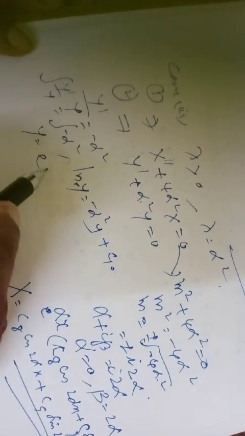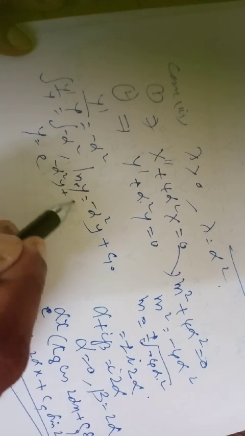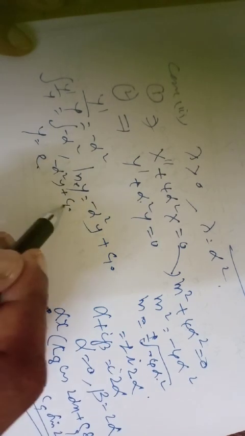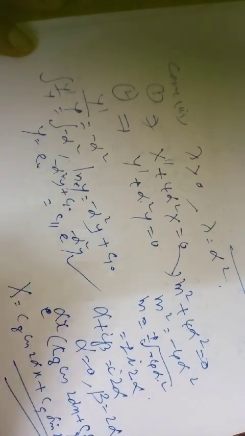So with base e, y is equal to e raised to minus alpha square y plus c10. And e raised to c10 is another constant, suppose c11, and that gives e raised to minus alpha square y. Okay, we got y also, x also, and u is equal to x into y.